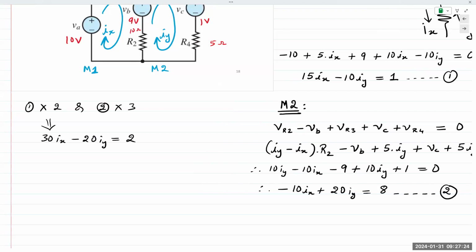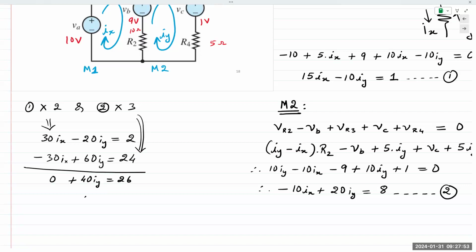And then this would be minus 30 times IX plus 60 times IY equals 24. Add the equations, get 0 plus 40 times IY, so 26. IY is 26 by 40, 0.65 amps.